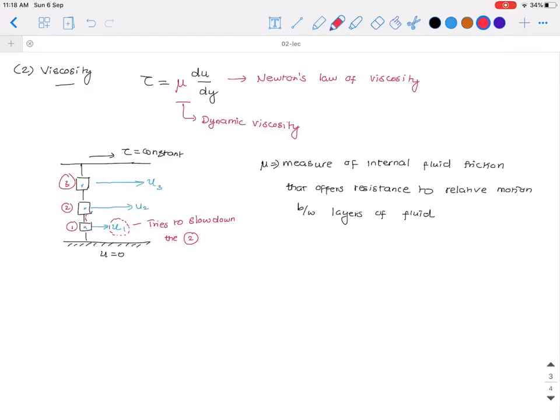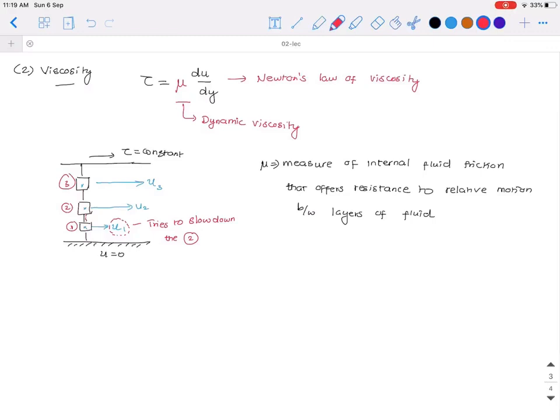So the bottom one moves with a smaller velocity, and the layer slightly above moves with a larger one. Due to the cohesion or intermolecular forces and random collisions between the molecules, layer 1 will try to pull down layer 2, and in turn layer 2 offers resistance to the motion of layer 3 due to the same mechanism of cohesion.